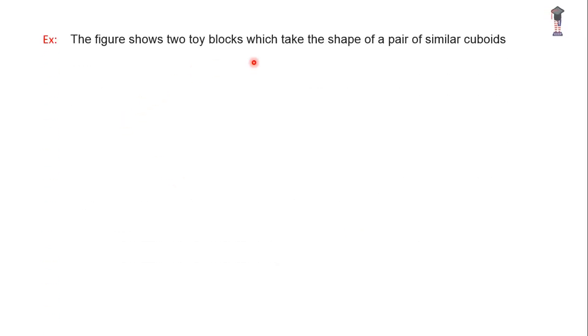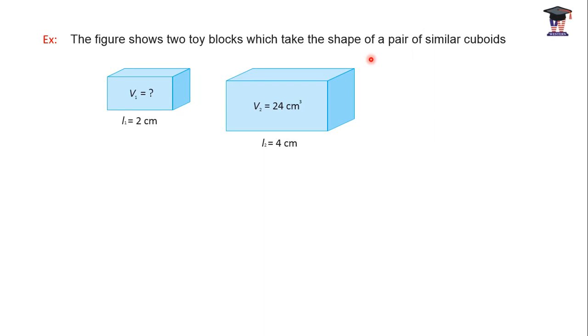Move to our example. The figure shows two toy blocks which take the shape of a pair of similar cuboids. Here are the two blocks. We don't know V1, but we know L1. Here we know V2 and L2. So by using the volume of similar solids, we can identify the unknown volume of the first block.